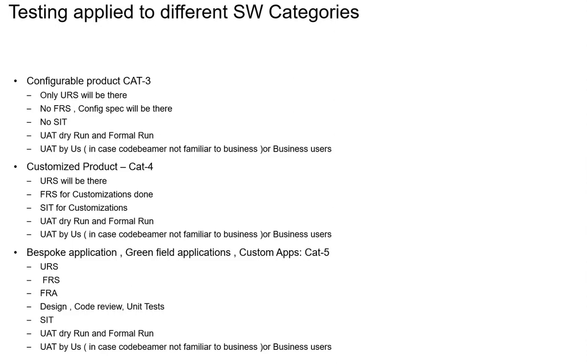Please be aware of the difference between configurable systems, bespoke applications, and customizations. When customizations are there, when code modifications are there, only then do we have to go for SIT related activities. If there are no implementations and only configuration is done, they will provide us only the URS and the configuration specification.